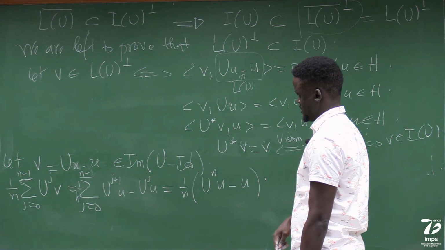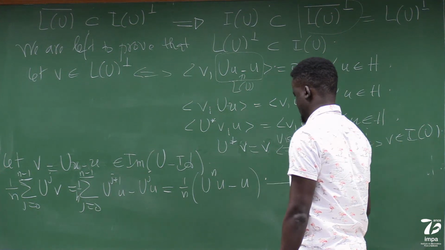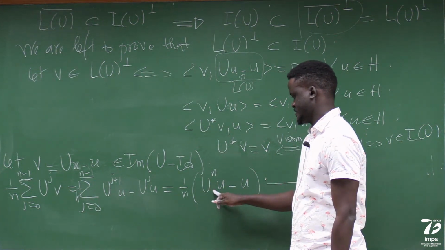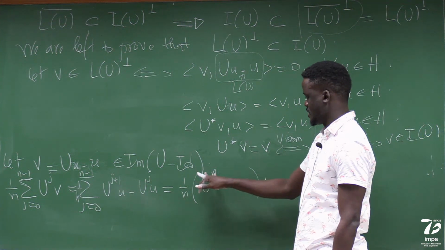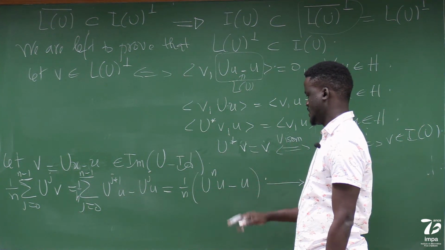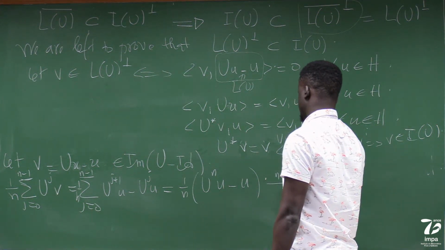Okay? And this guy is going to 0 because U is an isometry, so this is uniformly bounded. The norm of this is just the norm of U, and the norm of U is independent of n, so this goes to 0 as n goes to infinity.